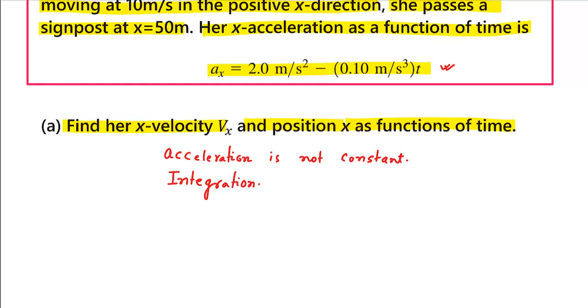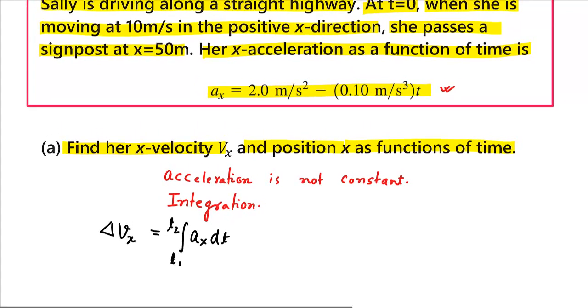If you remember, in the last video we derived the formula for the change in velocity in the x direction: it equals the acceleration in the x direction multiplied by dt, integrated from t1 to t2. Now let us see what is given in the problem.